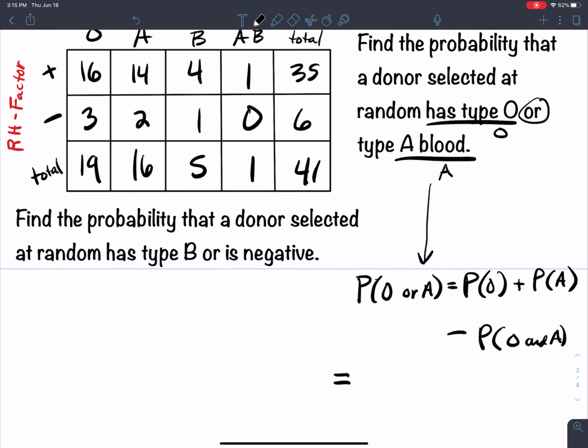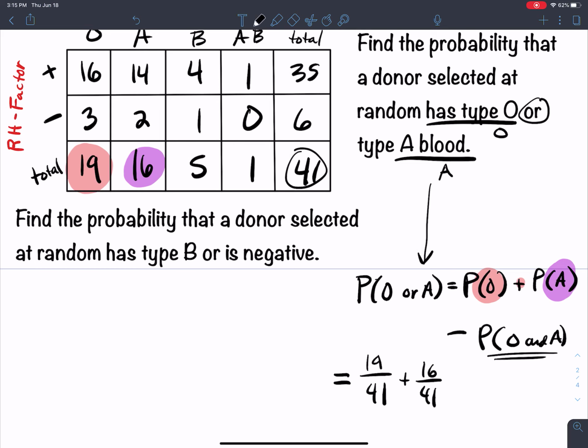So what does the probability of O equal to? So the probability of O, that's the total people who have an O factor. So O blood type is 19 out of how many total? 41. Okay, that was O. Now for A, there were 16. So plus 16 out of 41.